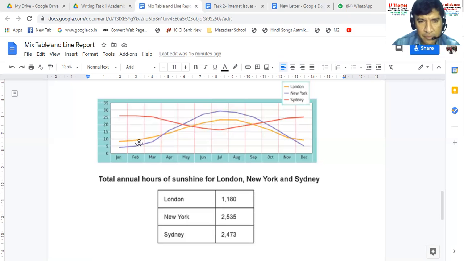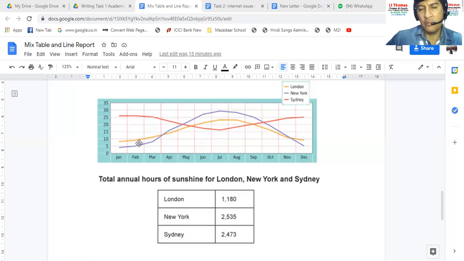From here, the temperatures of London and New York showed a significant rise to touch, how much?